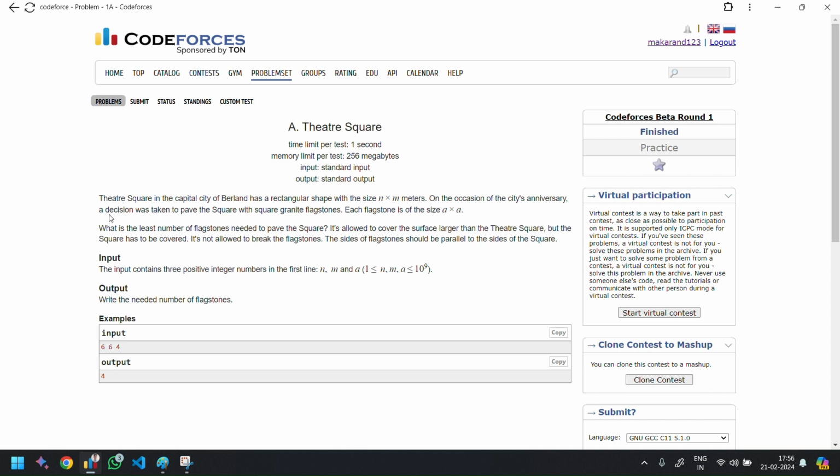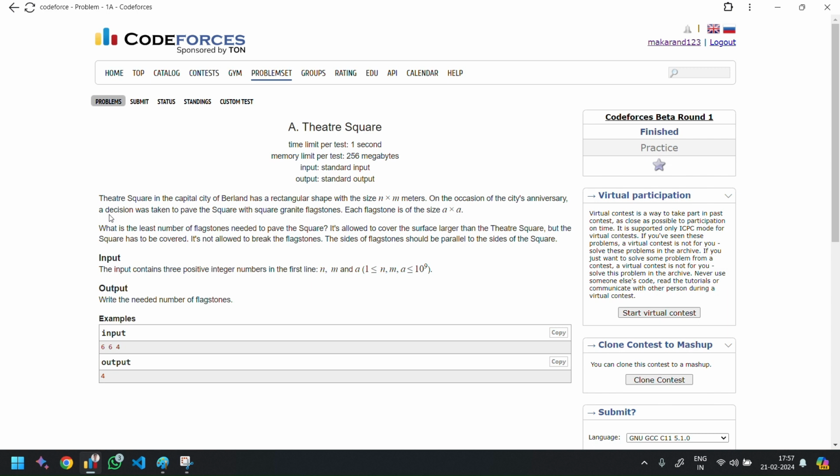We need to fill this Theatre Square with the square flagstones. We have to find the number of flagstones required to cover the whole Theatre Square. The input is n and m, the sides of our rectangular Theatre Square, and a is the side of our flagstone.